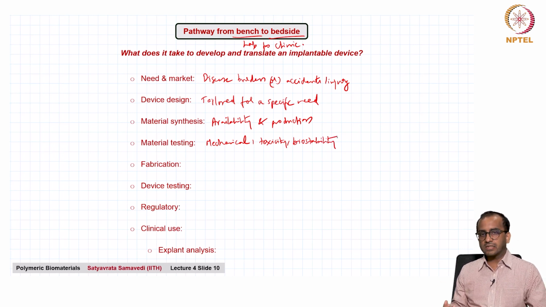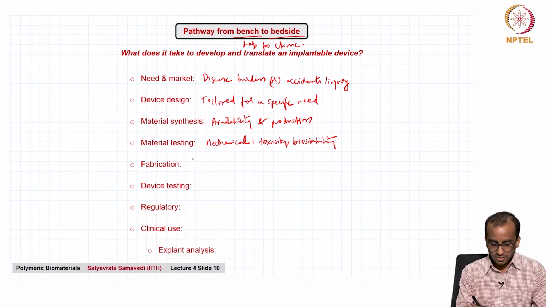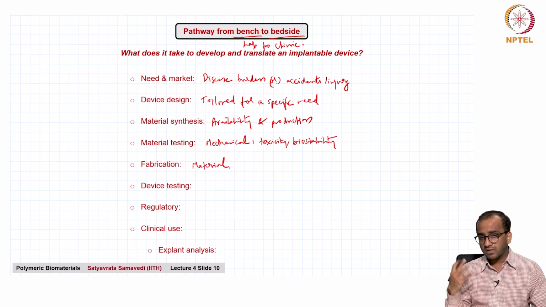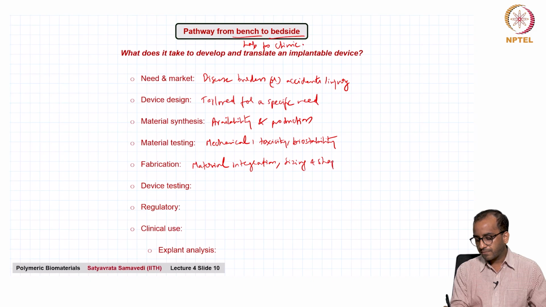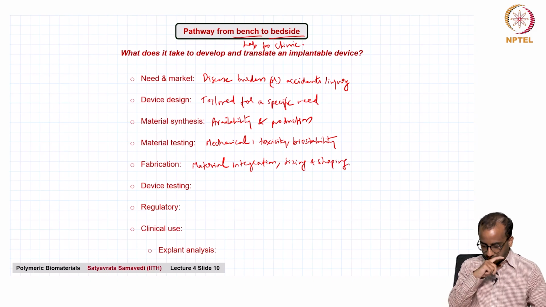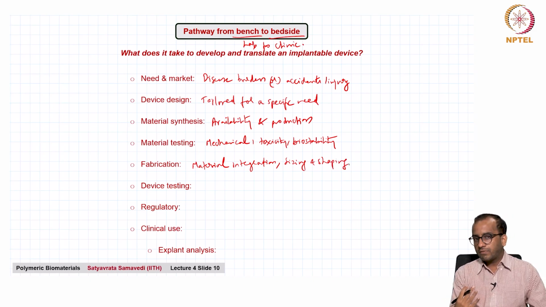Once these initial tests are done, then comes fabrication, wherein now you integrate these things as part of a device. So, for this, we're looking at material integration, and this could be materials across classes, sizing, and shaping. Then you have what we call device testing.